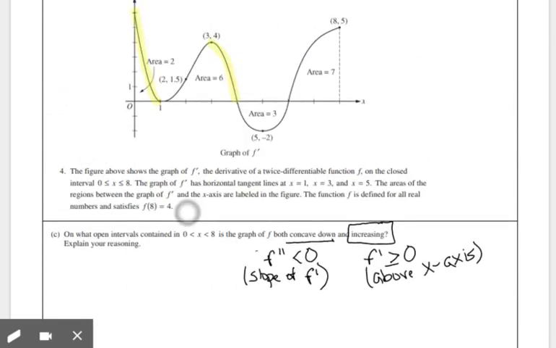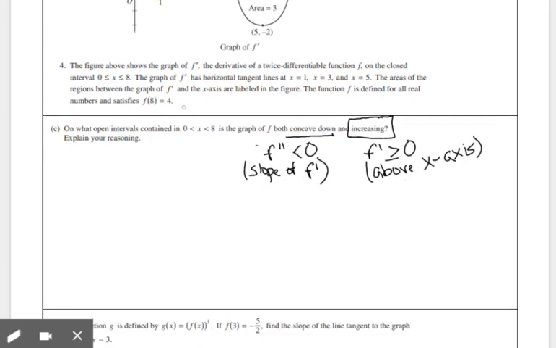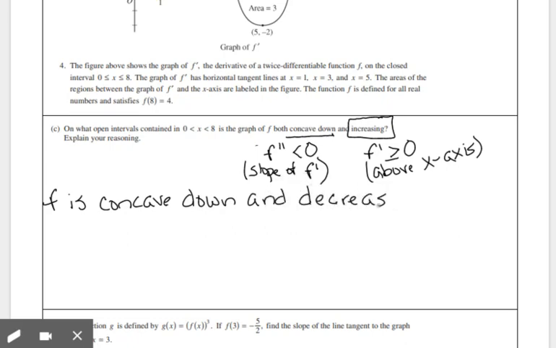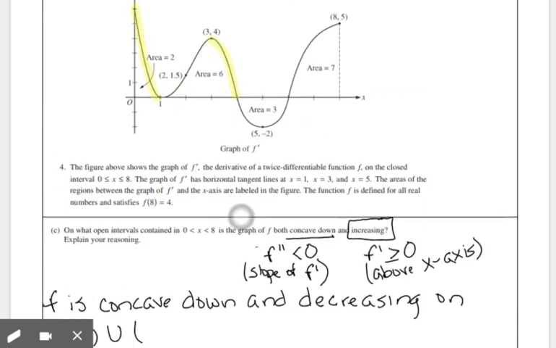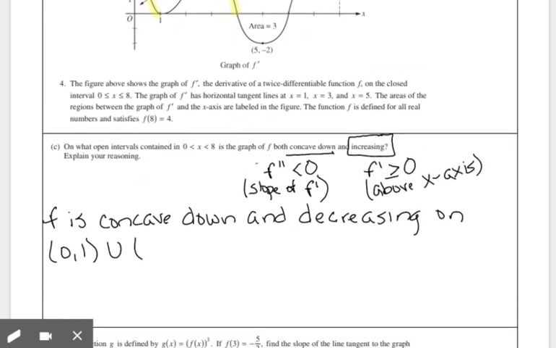So we're going to go from 0 to 1. So f is concave down and increasing on the interval from 0 to 1, union with, what is this one, 3 to 4.